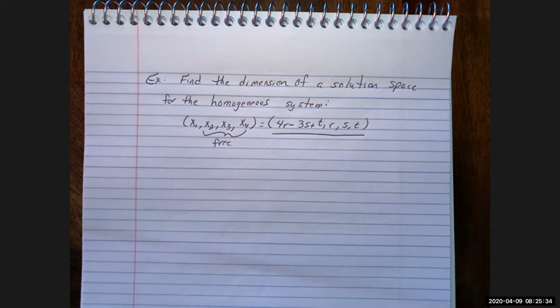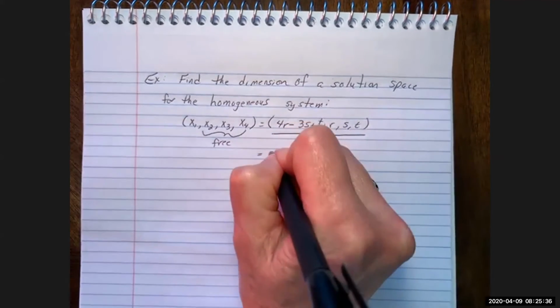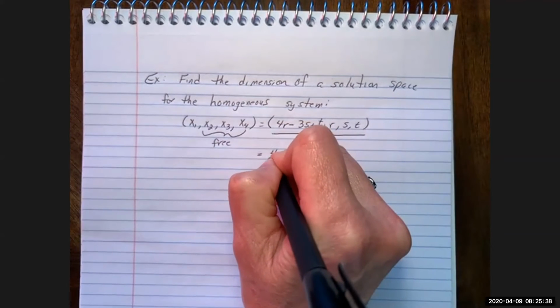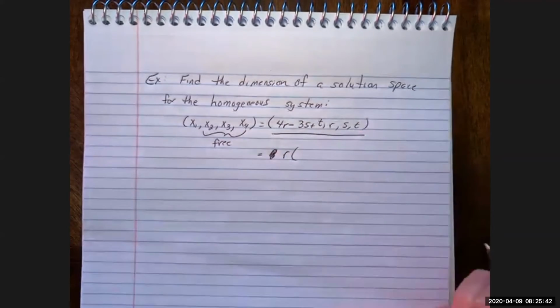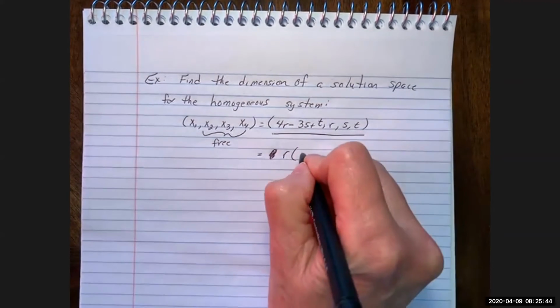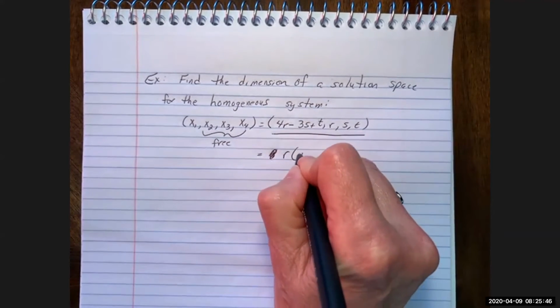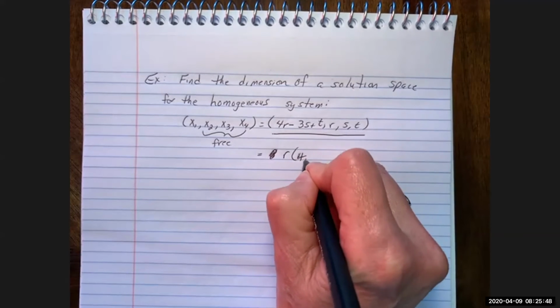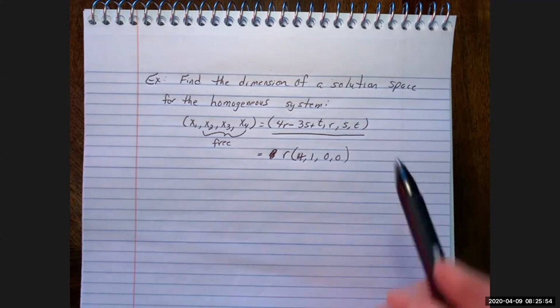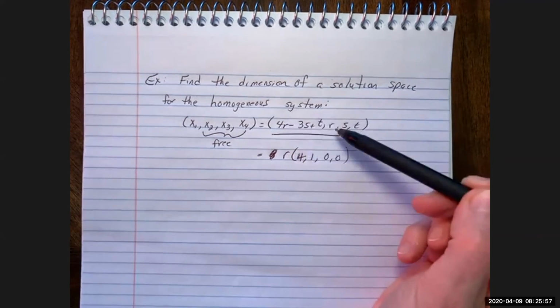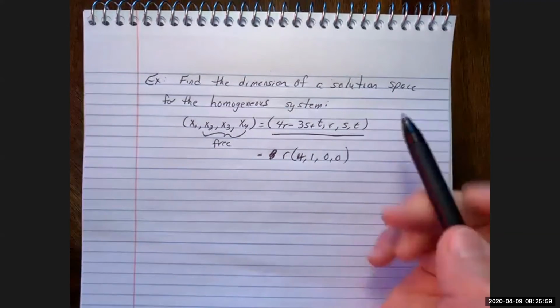I'm going to do this two ways. So the first one is if I take, sorry, that should be r, not 4. R times 4, 1, 0, 0. See if you can figure out where that comes from. R is times 4 here, 1 there, nothing there, nothing there.